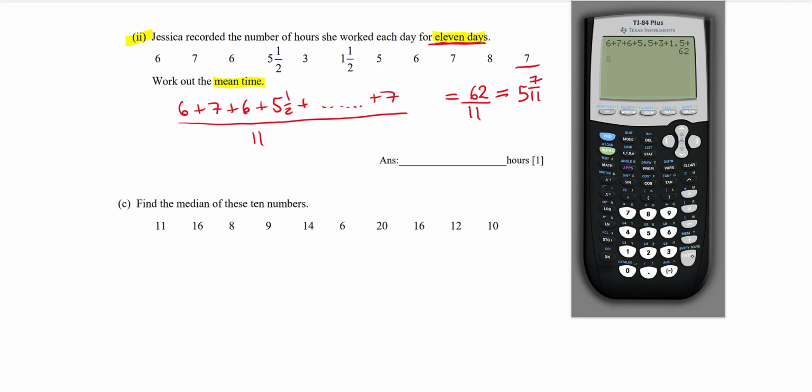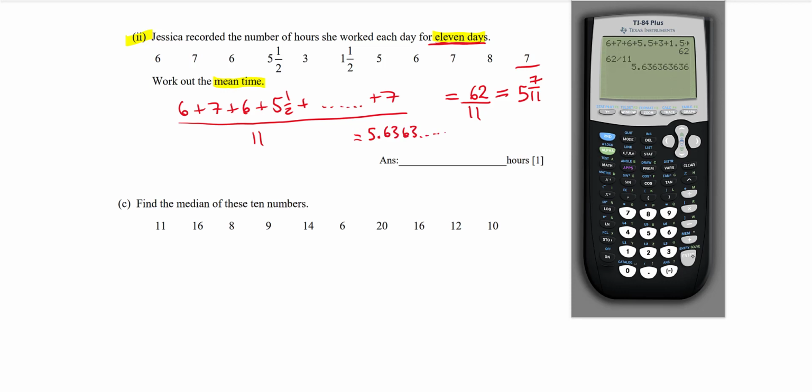Or you can just do it straight on the calculator and get a decimal, so do 62 divided by 11, that equals 5.6363, and that just goes on.